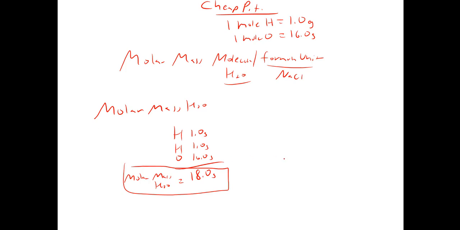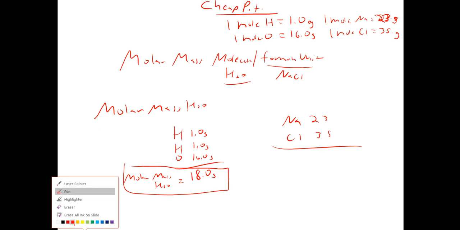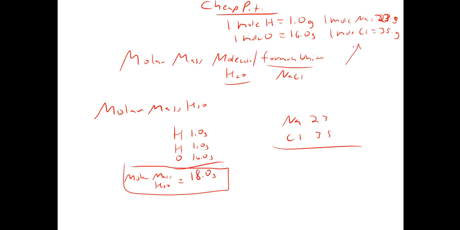We can do the same thing with sodium chloride. There's sodium, there's chlorine. So I've added the equalities in the upper right hand corner. 1 mole of sodium is 23 grams, 1 mole of chlorine is 35 grams. Here's the sodium, here's the chlorine, and then we have 58 grams.